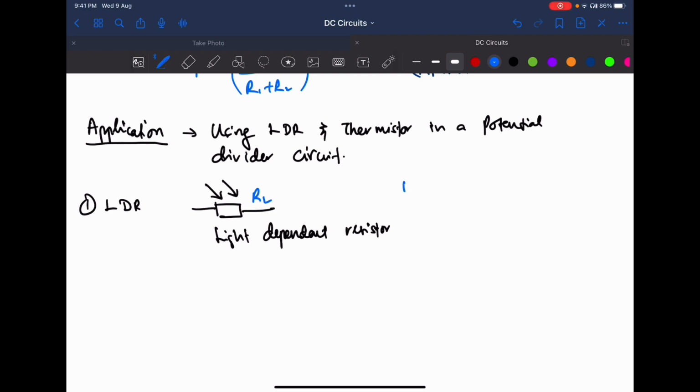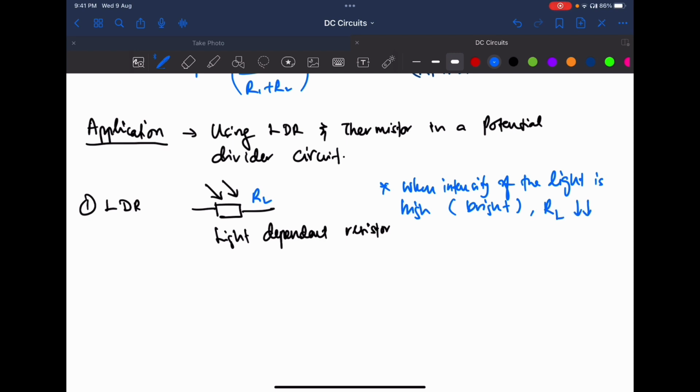When the intensity of the light is high, that means bright, the resistance of the LDR becomes very low.